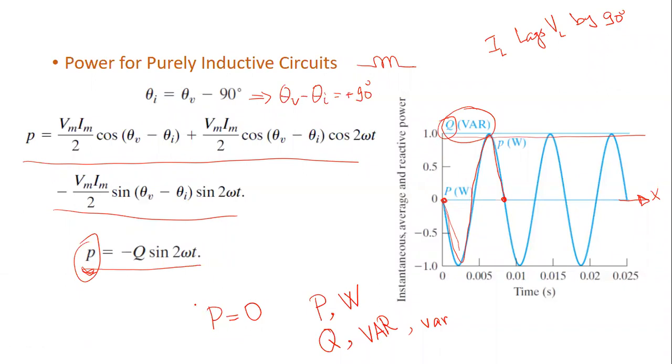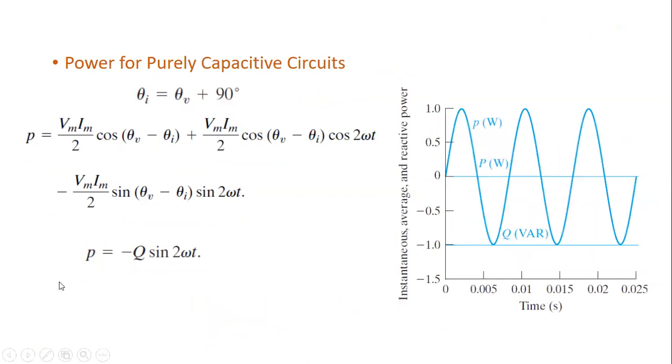So here we need to memorize that the average power in a purely inductive circuit is equal to 0. You can memorize it or you can calculate it, and you will have it as 0 at the end of the day. The last passive component is the capacitor.